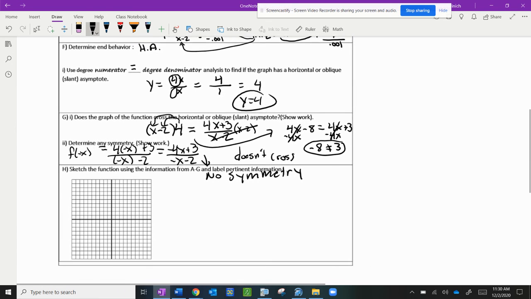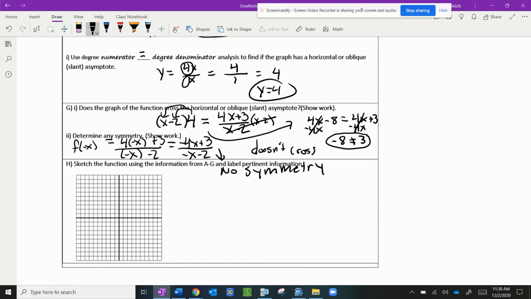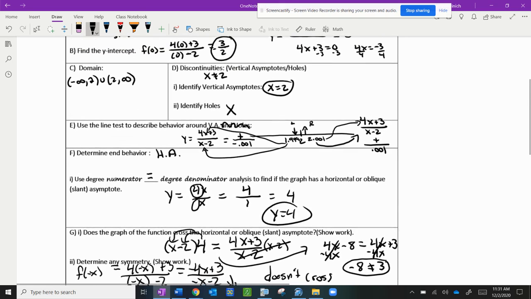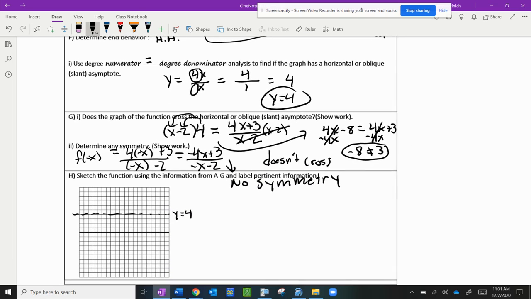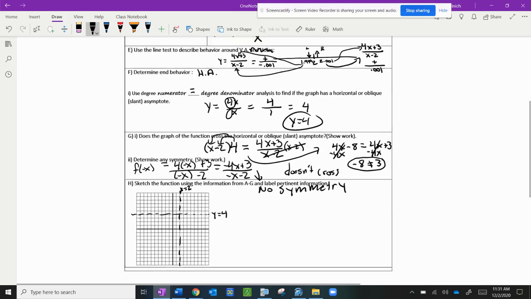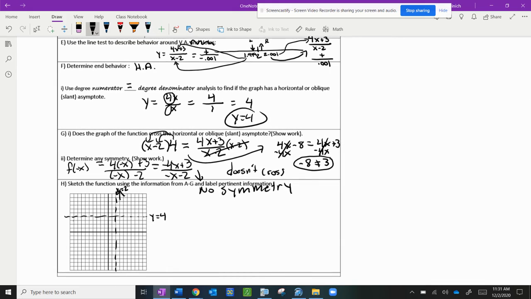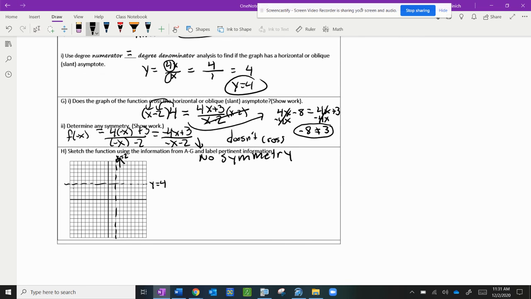And now I want to put in all of my information. So I have a horizontal asymptote at y equals 4. I had a vertical asymptote at x equals 2. And my behavior at that asymptote, we decided, was up on the right and going down to the left of the asymptote.